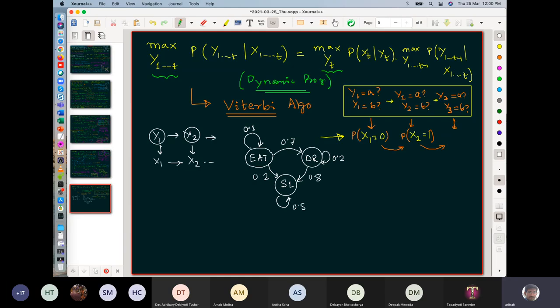While sleeping, it has a very high probability of continuing to sleep, and maybe 0.1 here, 0.1 here. From this model, we derive this one. But we do not know what this model is.